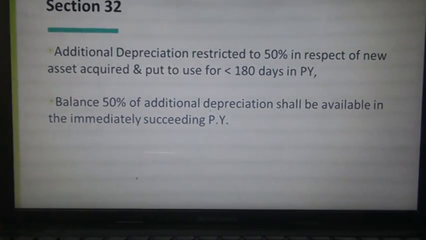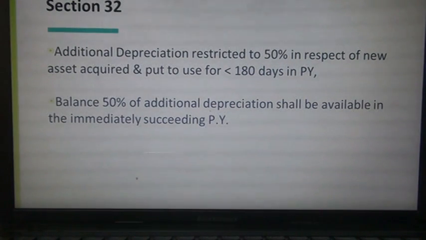Going on the same logic, even in respect of additional depreciation, if the asset is acquired in a particular year and put to use in that year for a period which is less than 180 days, instead of the 20% rate which is available to me, my additional depreciation was also restricted to half, or I would say at 10%.